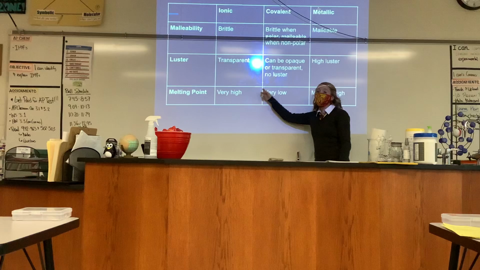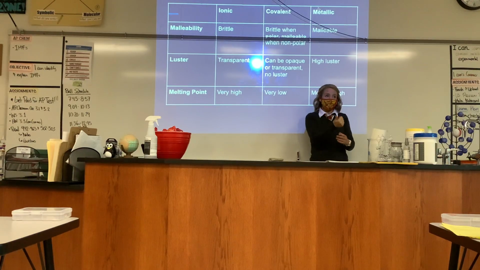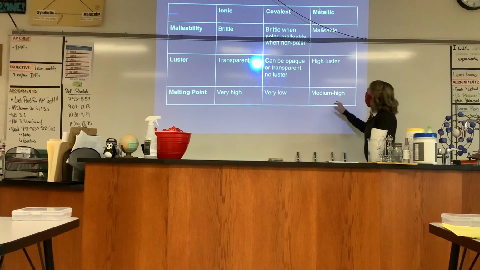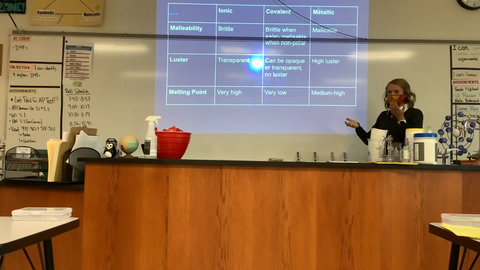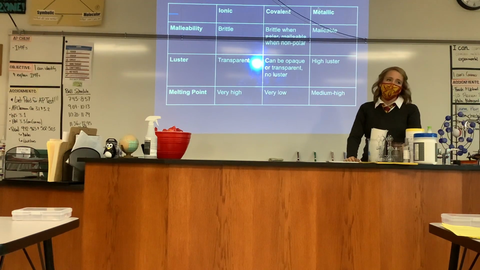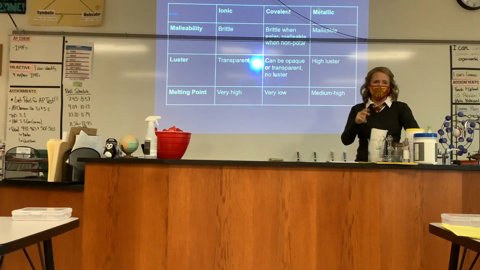Covalents are typically low. Those are the ones that melted. Sugar melted, the wax melted. Those are typically the low ones. And then the metallic ones are in between. On our hot plates, to be honest, metals won't melt. But we can melt metals without sometimes too much heat required. So they're kind of in the middle.